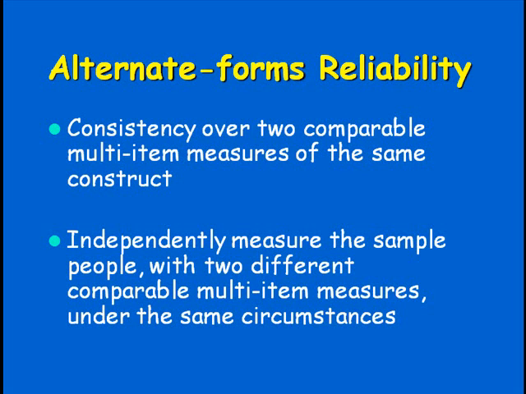So the way we would set it up, on October 1st, I would administer those scales one after another, and for half the people I would have them do number 1 first, and for the other half I would have them do the second one first, to make sure there's no order effects.